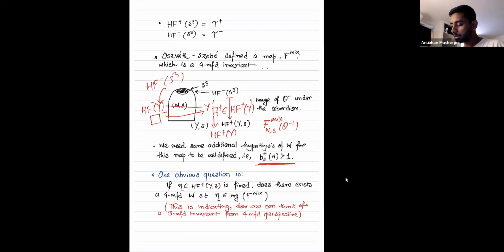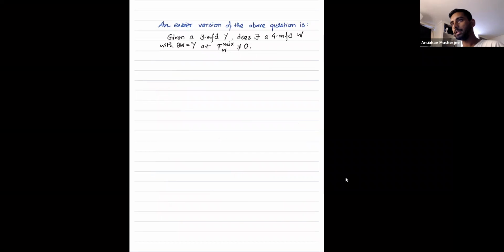So this is a question one could ask: how can one think of a three-dimensional Heegaard Floer element from the perspective of four-manifold theory, in the sense that if I fix an element in HF plus, does there exist a four-manifold W such that the image eta is in the mixed map or not? An easier version of this problem is the following: given a three-manifold Y, does there exist a four-manifold W with boundary Y such that this mixed map is non-trivial?